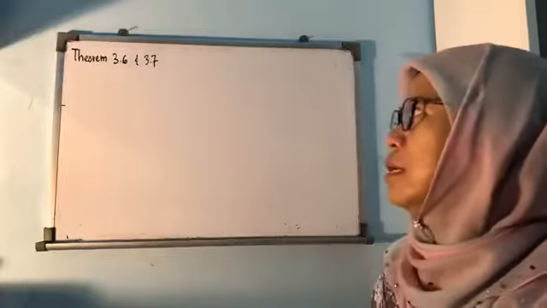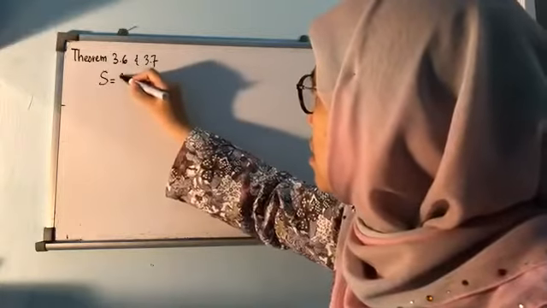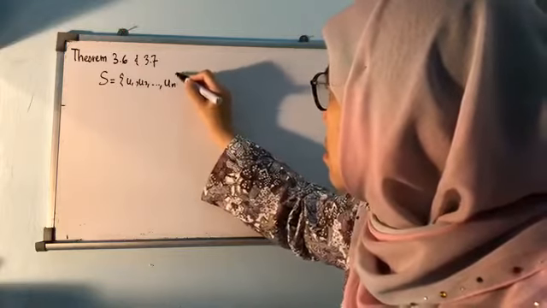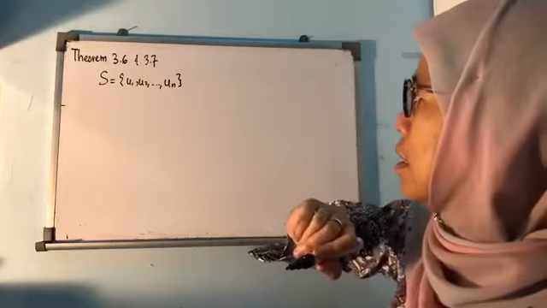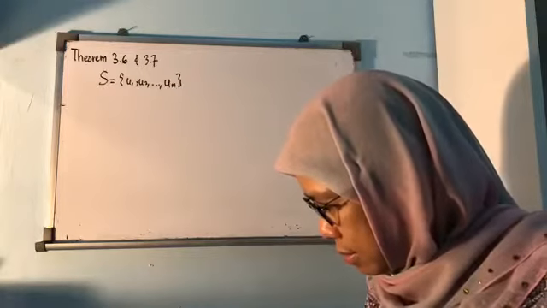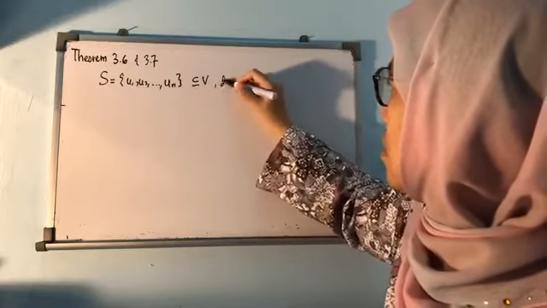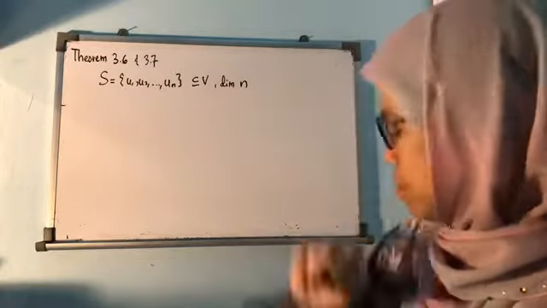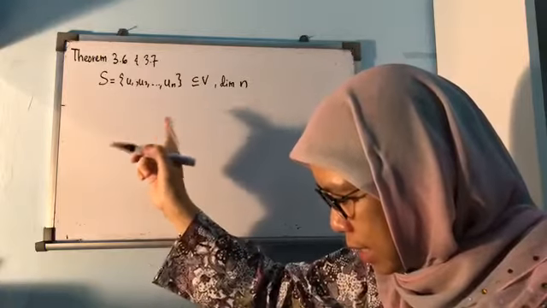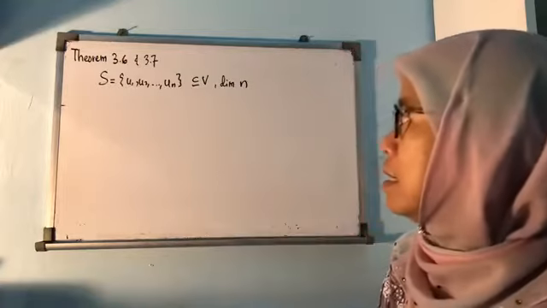This theorem says if you have the right number of vectors for the dimension of n, let S be a linearly independent set in a vector space where the dimension is n, then it is a basis.